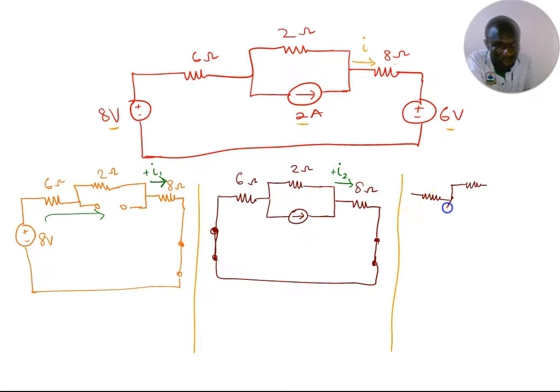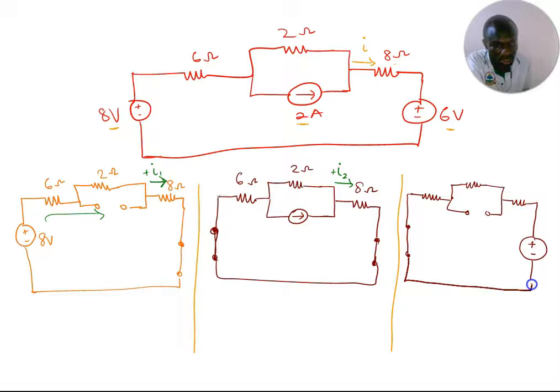So it's going to be an open circuit. Are you okay? So after the open circuit, we have our resistor there. Then we have our voltage source, which I'm not going to take off. Then we take off the 8 volts battery source.